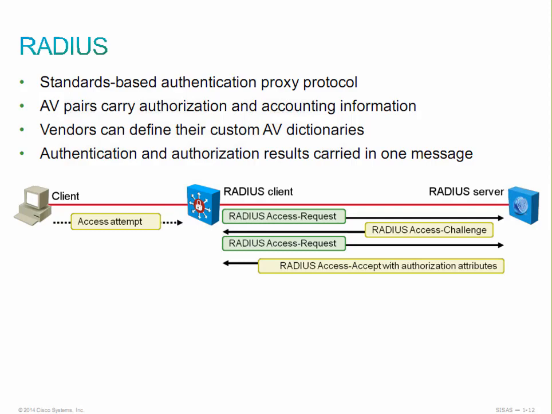And you guys are not going to have to know the different AV pairs that are required, but it is a standard approach to the passing of different attributes back and forth between Radius and the component, right?